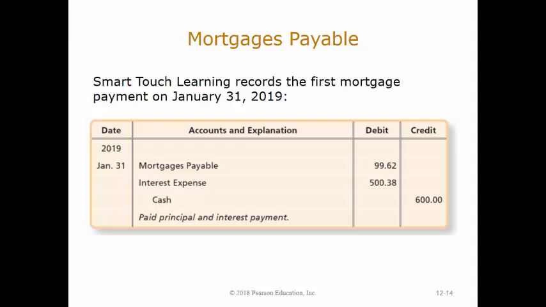The $99.62 reduces mortgages payable from $100,075 to $99,975.38. Each mortgage payment will be recorded in a similar journal entry using the amortization schedule amounts.